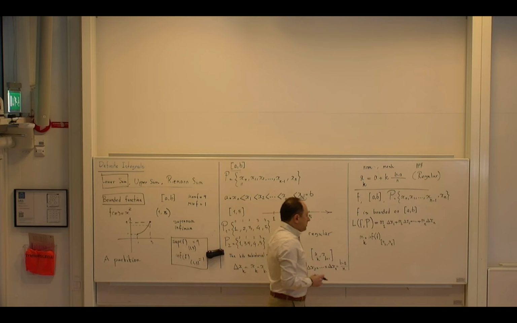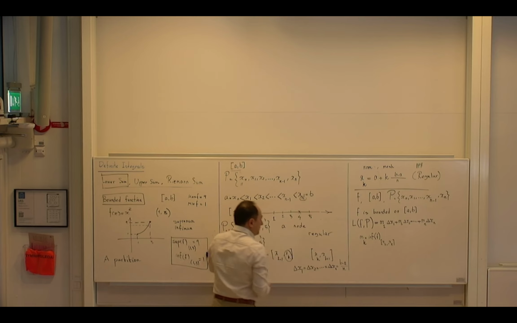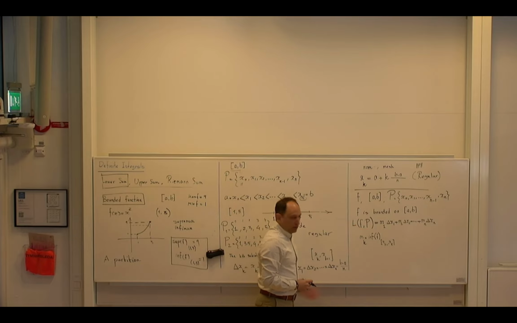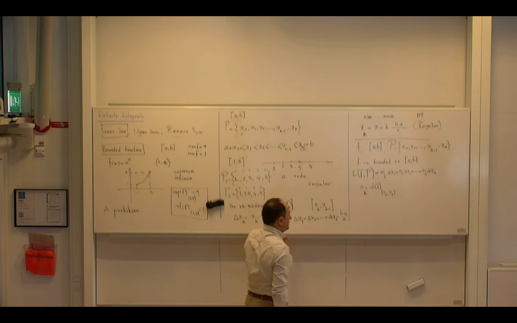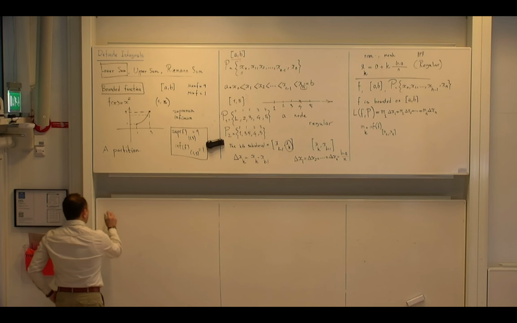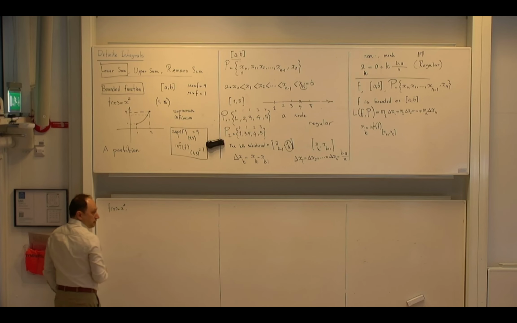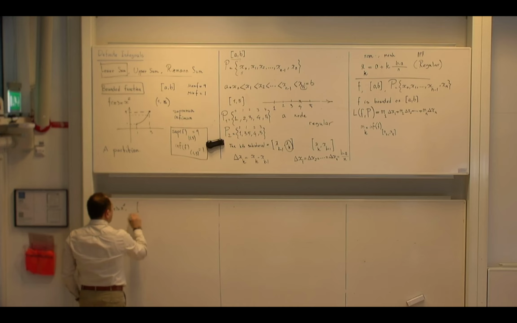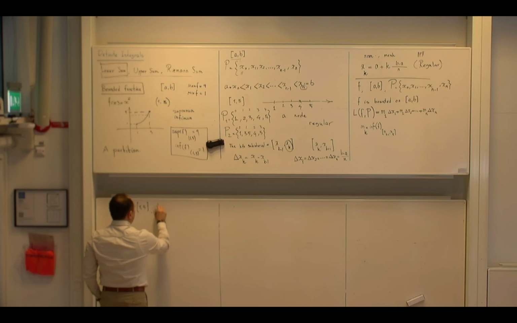Okay, but before going to the upper sum, let us understand the meaning of this number, what we are actually calculating. For this, let me give you an example. Let me give you the function to be x squared, and let me, for example, give the interval from 1 to 5. And let me also give you a partition. Let us not choose it regular for the first time.